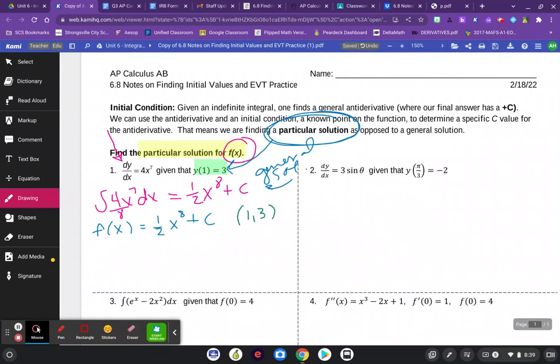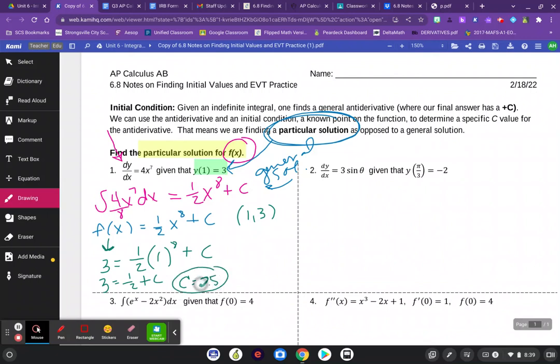And so that means I'm going to replace the y, or the f of x, with 3. I'm going to replace the x with 1. And then my job is to isolate c. And so 1 to the 8th is 1, times half is half. I really have 3 equals half plus c. And if I subtract half from both sides, I get c equals 2.5.